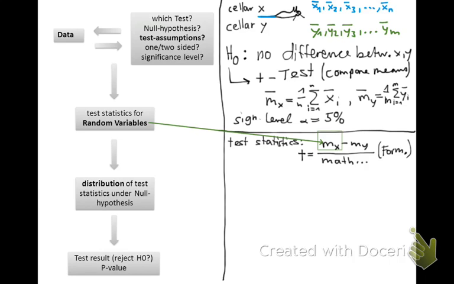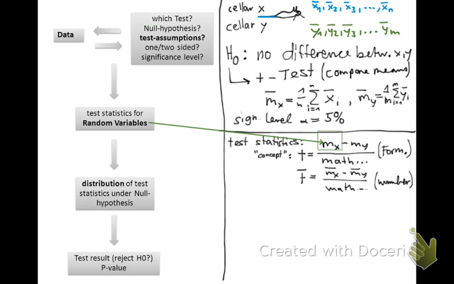So, of course, I can also compute this test statistic t bar, and then I insert the m bar x minus m bar y. And this is then a number. This is a number. Okay. And this is a concept here. Let's say it like this, concept.